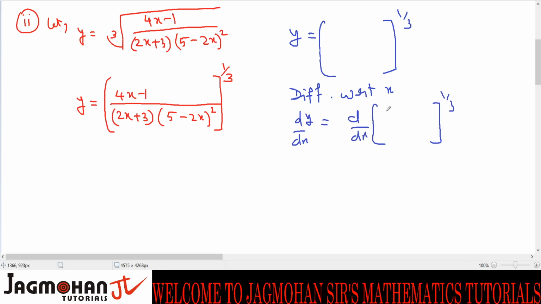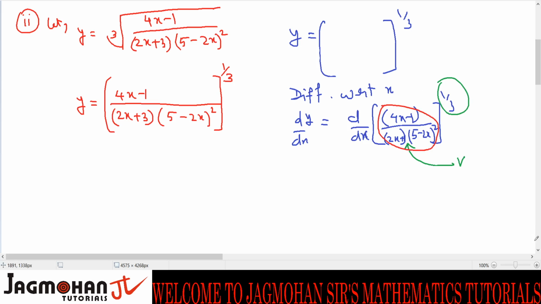Now inside here we have an expression in x. So what function would I call this? This will be a variable raised to a constant function. But it is not x raised to 1 by 3, it is f of x raised to 1 by 3.